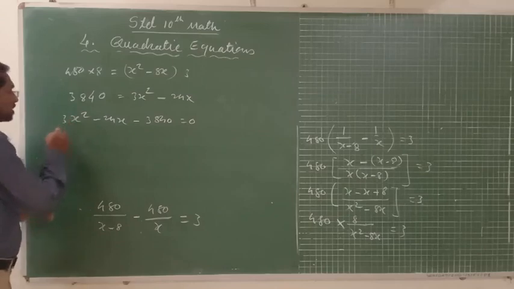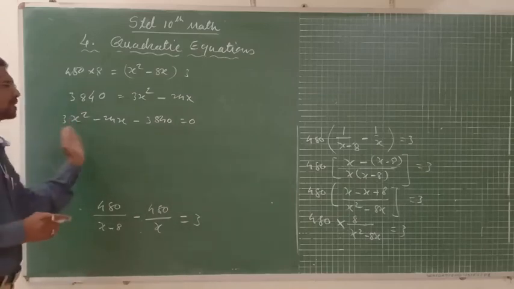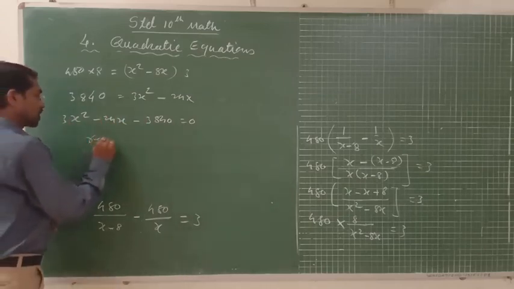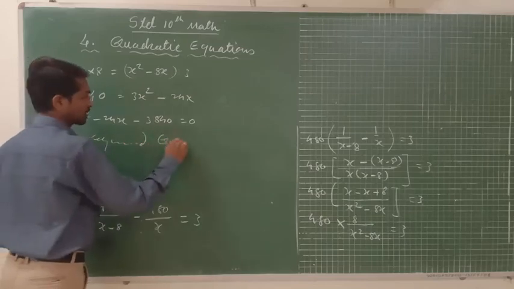It is divisible by 3 again, so you may divide by 3. So this is the required quadratic equation.